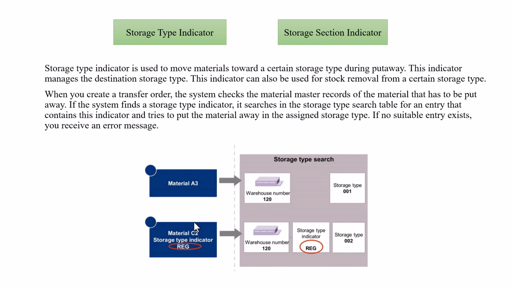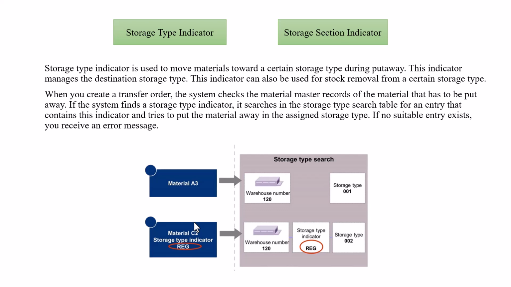Let's see how this indicator is going to work. When you create a transfer order, the system checks the material. Whenever we have a goods receipt and the system tries to put the material into a storage type or create a TO, the system checks the material master.